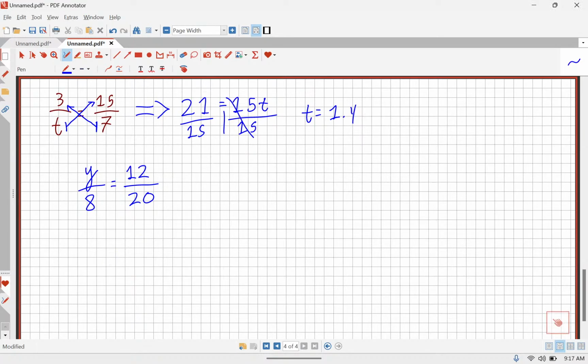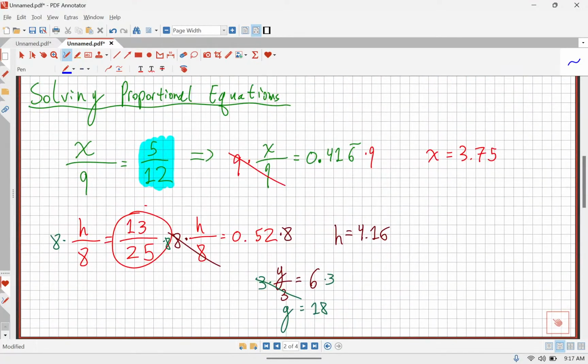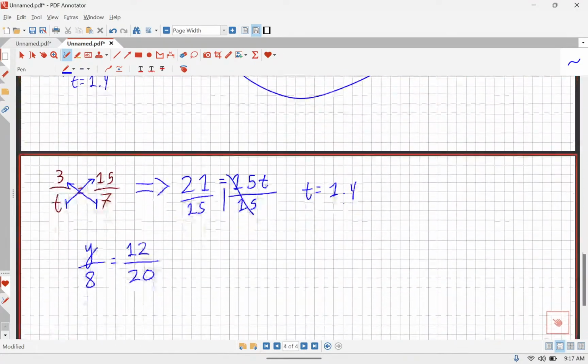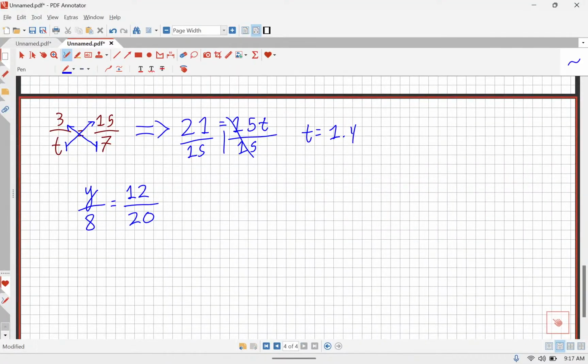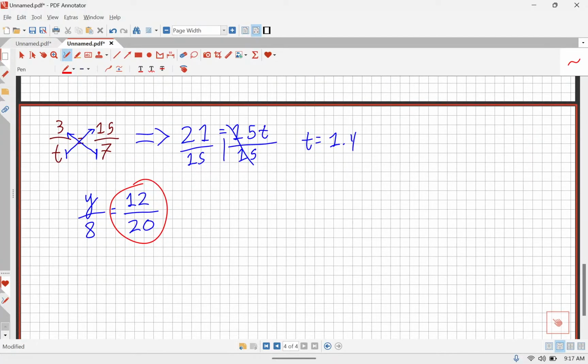So, Miss Summer, what did you get for your y here? Let's talk about it. Which method made the most sense to you? Divide and multiply like a one-step equation, kind of like how we did on these ones, or clearing out the fractions by multiplying both sides by 8, multiplying both sides by 20, or that cross-multiplication shortcut? Okay, so let's do it. What do you get when you divide those?